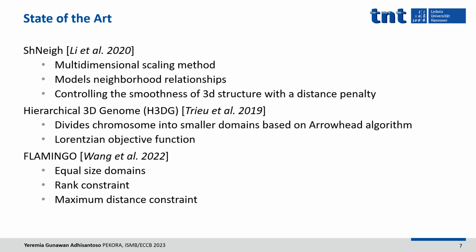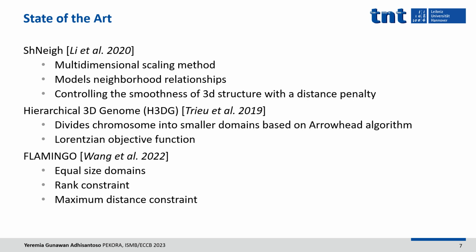Two other methods, hierarchical 3D genome and Flamingo, try to solve the problem by first dividing the chromosome, the contact matrix, into domains. For example, hierarchical 3D genome divides the chromosome into smaller domains, where the domains are predicted based on the arrowhead algorithm.